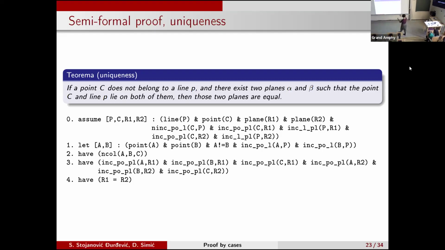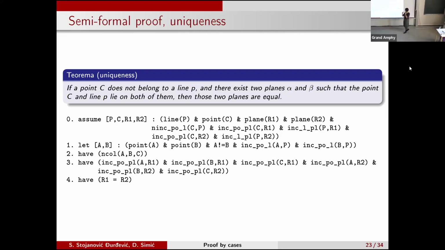And the case split on whether they are the same or they're different may be used if the prover is not able to deduce this. But since this step, from this step to that step, is very trivial, it is one of the axioms: if you have 3 non-collinear points that belong to 2 planes, they will be the same.